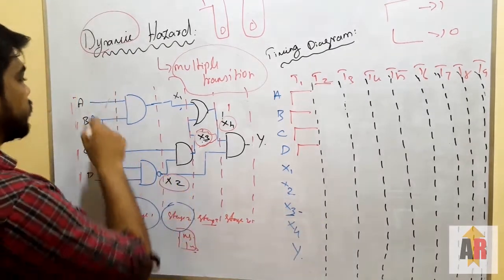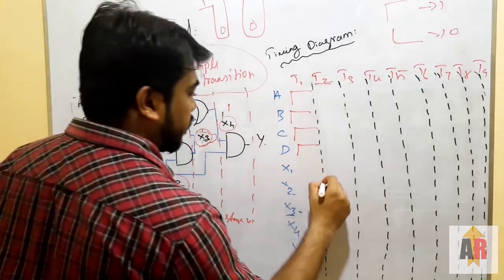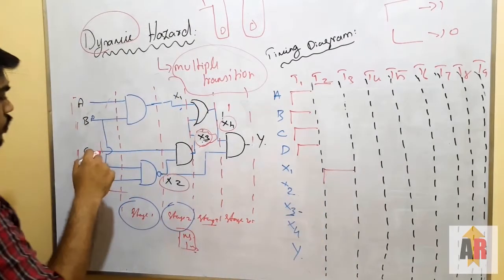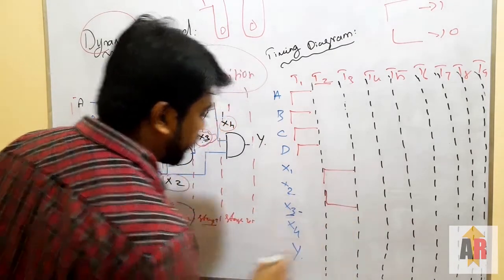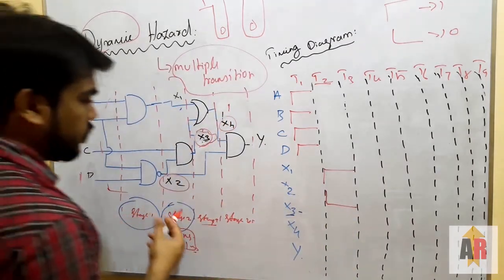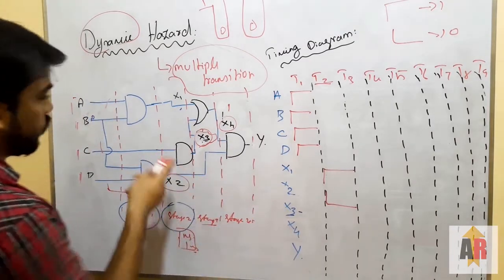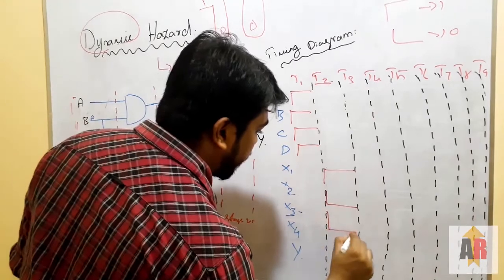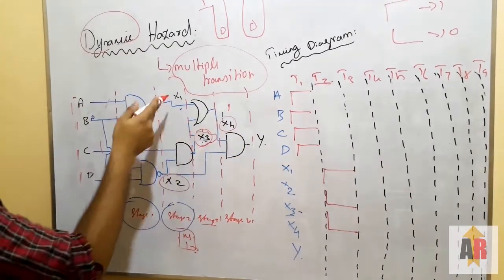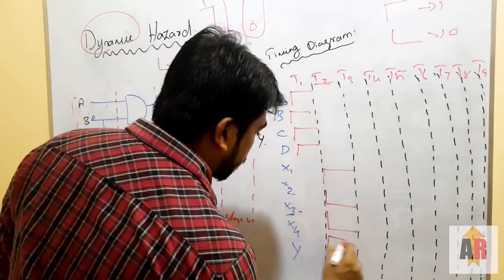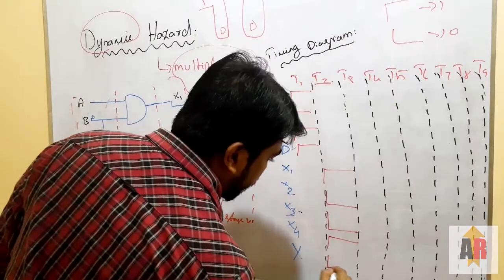So 1 into 1 is 1 for x1, 1 into 1 is 0 for x2, then x3 is x2, which is 0 into 1 is 0 once again, and x4 is the combination of this 0 and this 1, which becomes 1, and 1 into x2 is 0, so your value is 0.